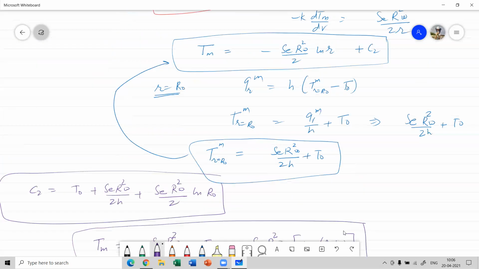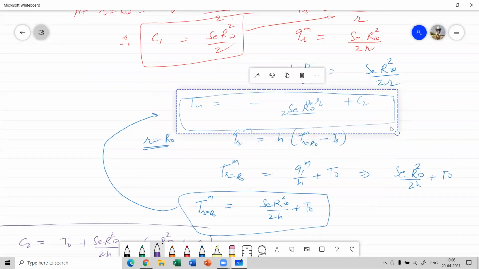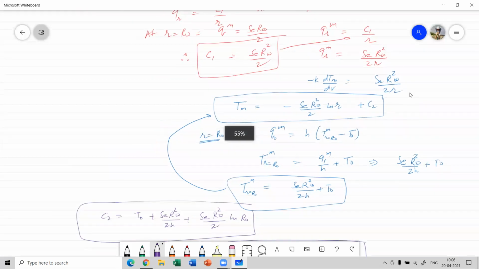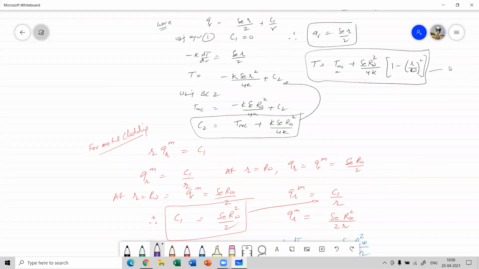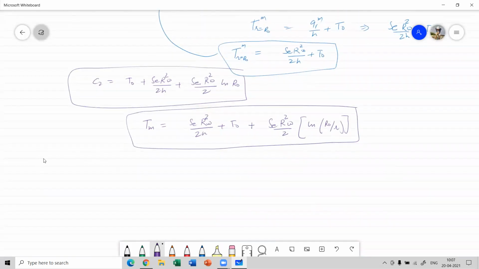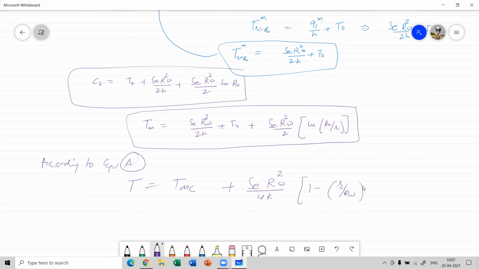Now, if you look at the value of T naught, which we have calculated, according to equation A, that is T is equal to TMC plus SE R square W by 4K into 1 minus R by RW whole square.